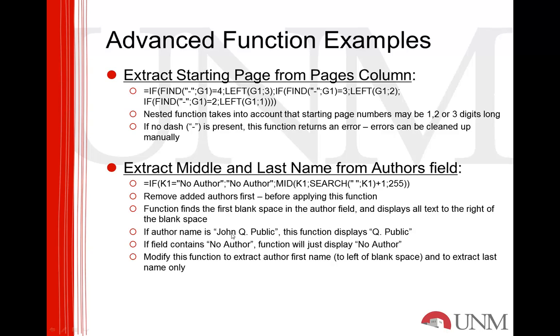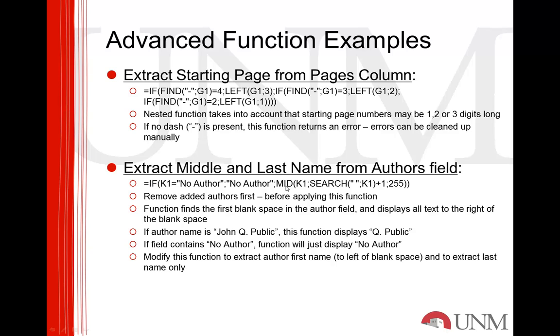If the author's name, as I just mentioned, has got a middle initial, the function will pull the middle initial and the last name. If only the author first and last name is displayed in the field, it will pull just the author last name. And if the field contains the words no author, it will simply display no author.